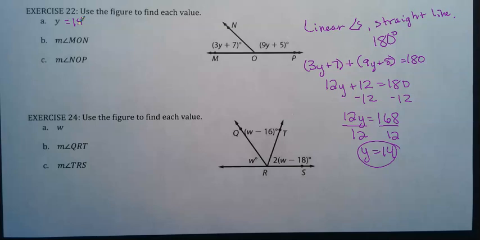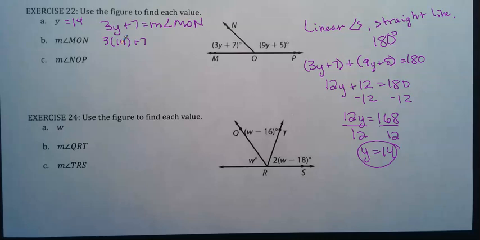All right, then I need to find the measure of angle MON. Well, that's easy since I found y. So the measure of angle MON is going to be 3y plus 7. So I'm just going to go 3 times 14 plus 7. 3 times 14 is, what is 3 times 14?